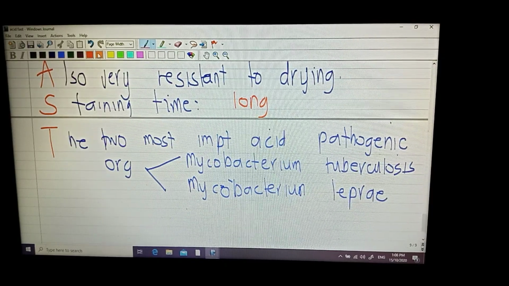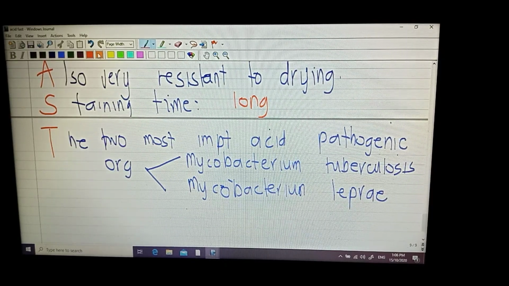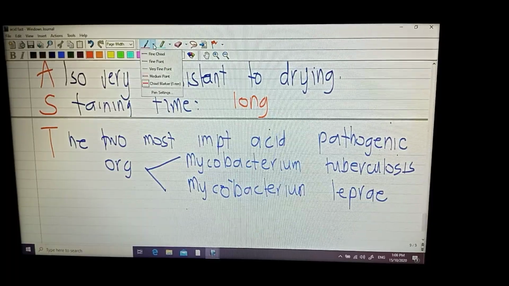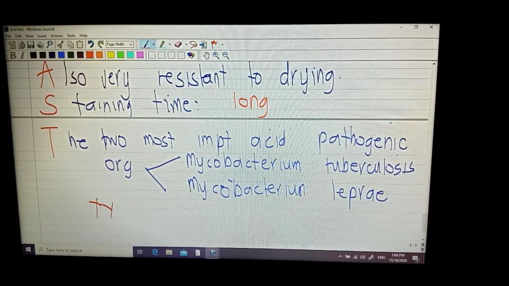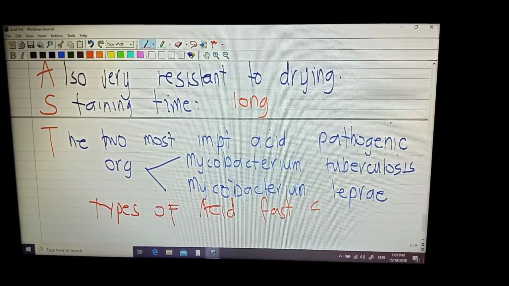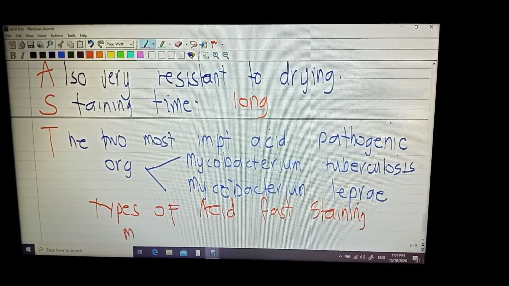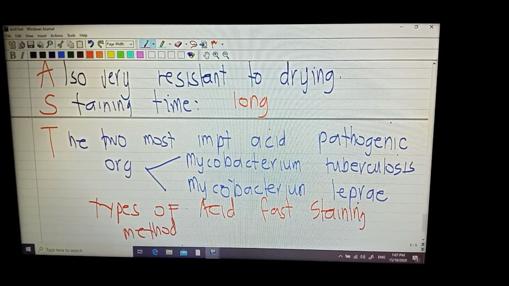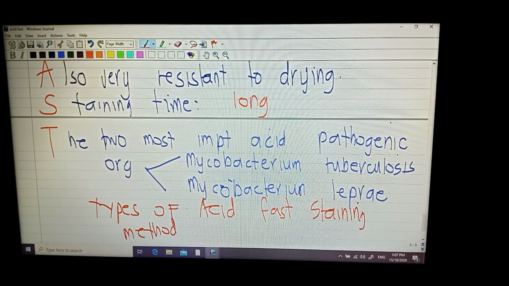What are the types of your acid-fast staining methods? Okay, the 2 most common types of your staining method, tataas lang natin.